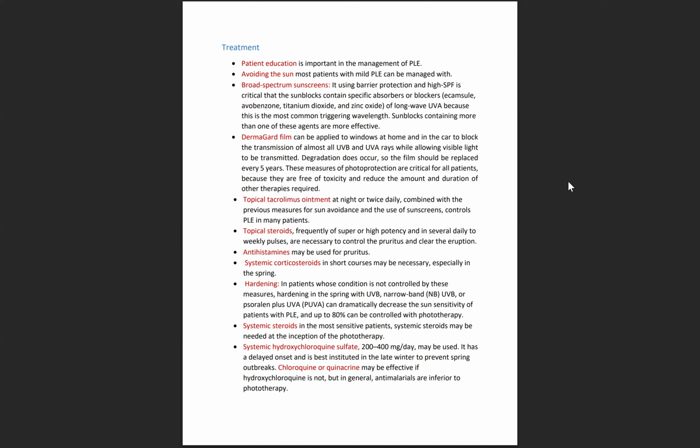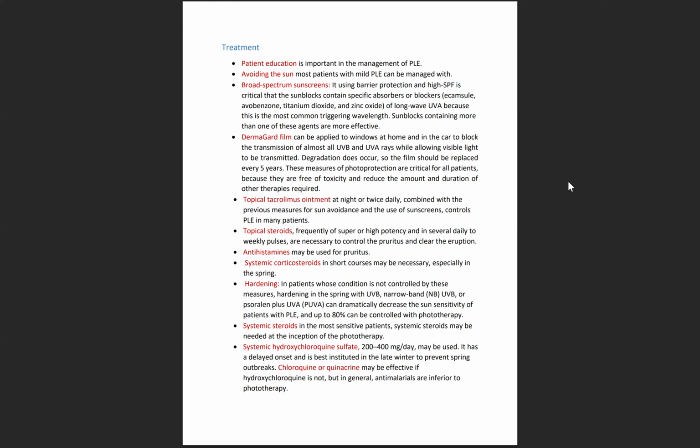They can use derma-guard film, which can be applied to the windows at home and also in the car to block the transmission of almost all UVB and UVA rays while allowing visible light to be transmitted. Degradation does occur, so the film should be replaced every 5 years.